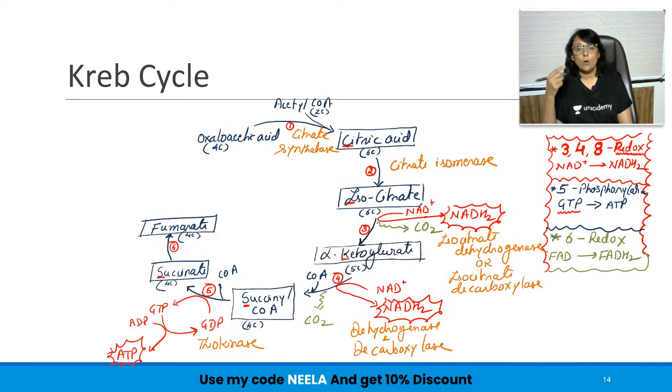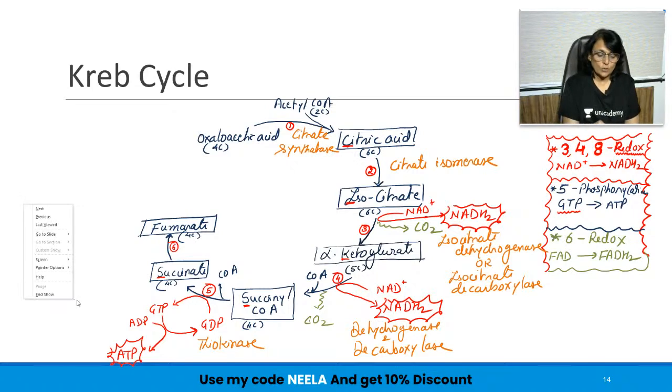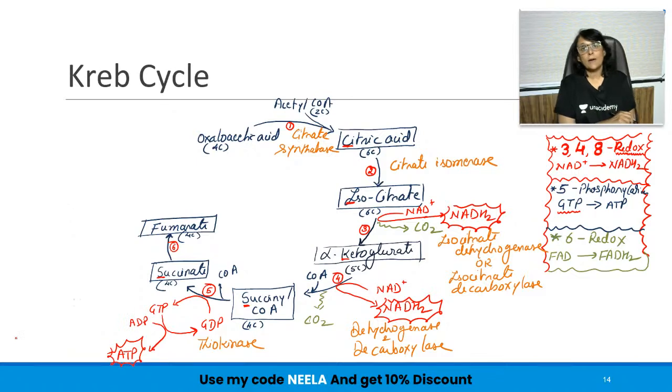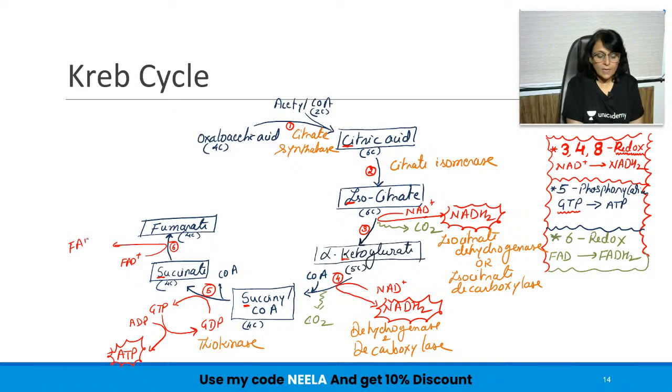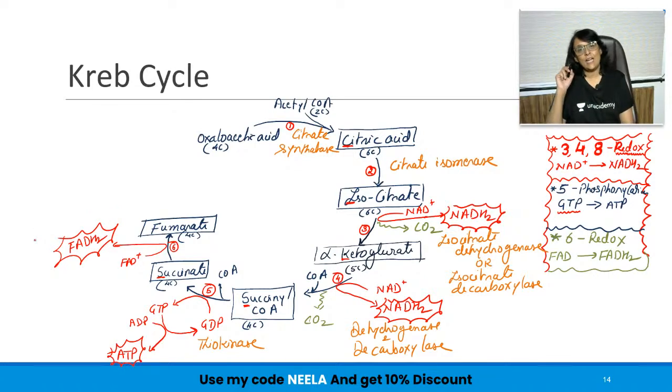That means now no more carbons are being lost. Okay, fumarate or fumaric acid. This is step number 6. So step number 6 is also a redox reaction, but here the only difference is FAD will get reduced into FADH2, which is again going to give us ATP.